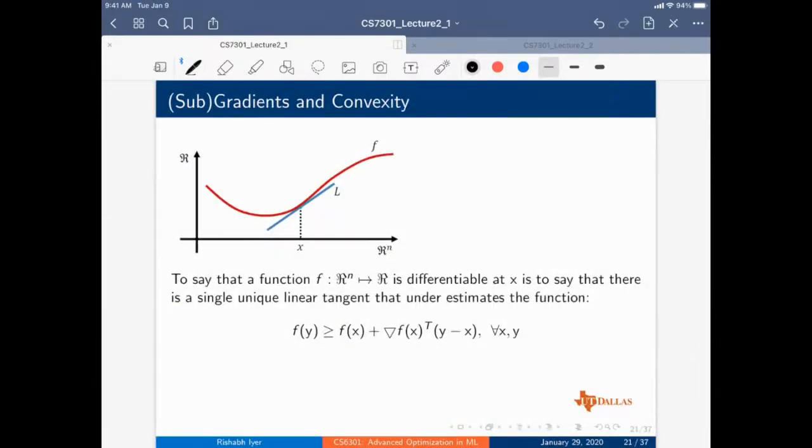Okay, so now for the rest of this particular part one, we will look into some of these subgradient properties of convexity, right? So essentially for a convex function, we saw that this result holds. This is the first order convexity.